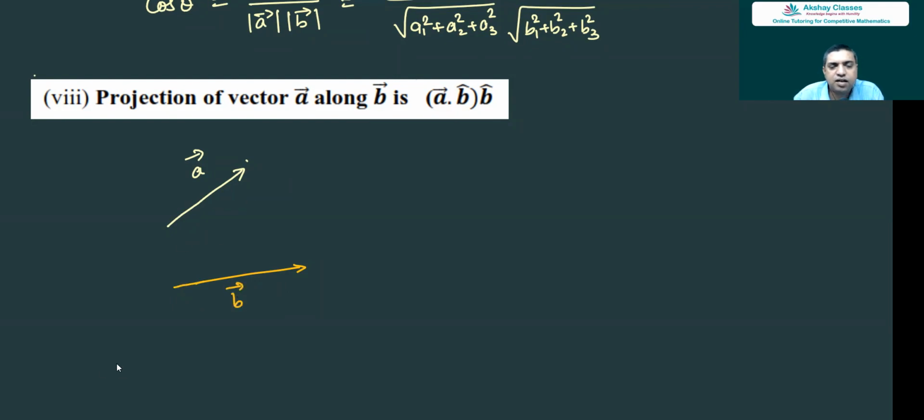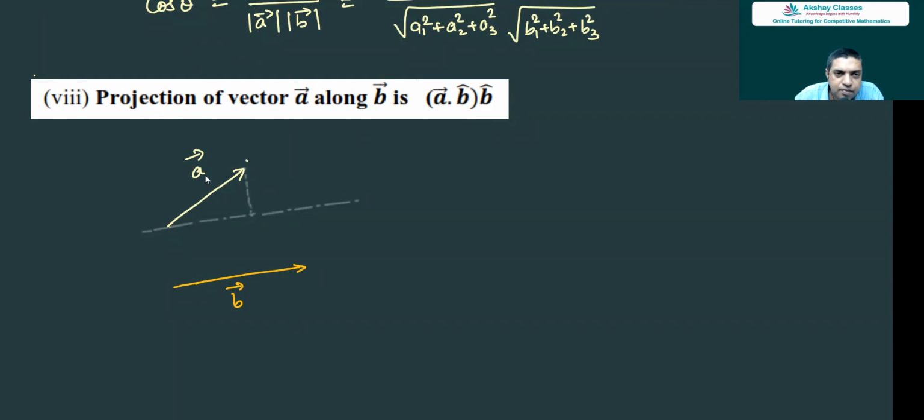Now projection of A along B. It is same as you take a line parallel to B bar, and then you take a component of A along the B direction.